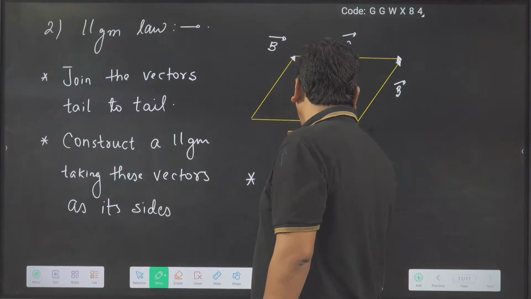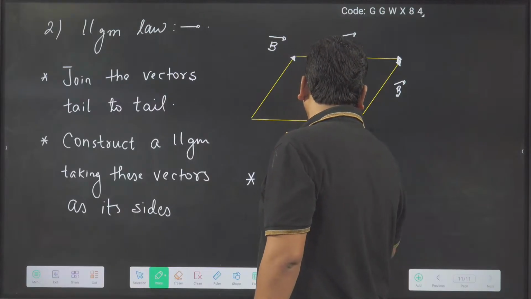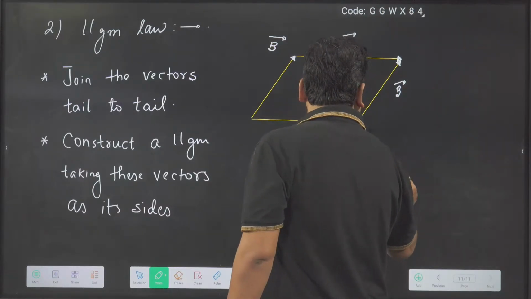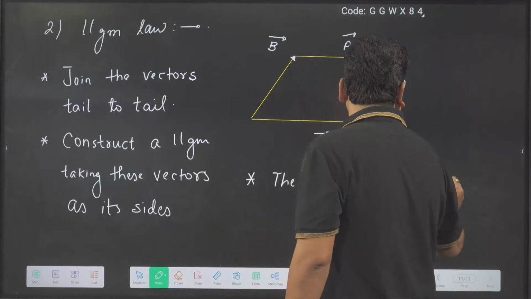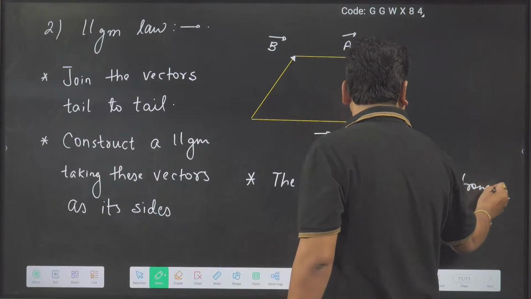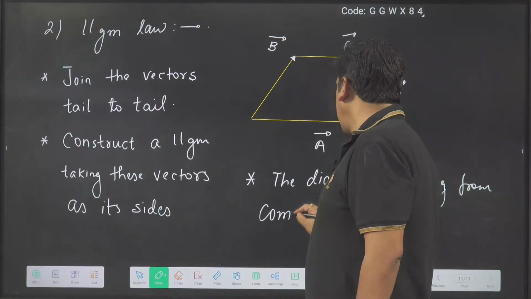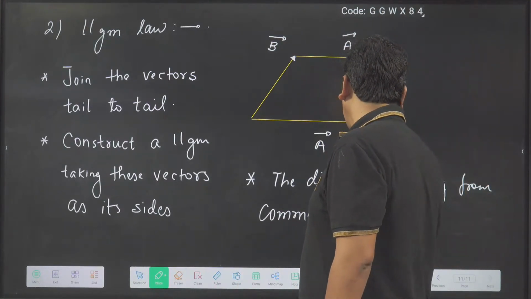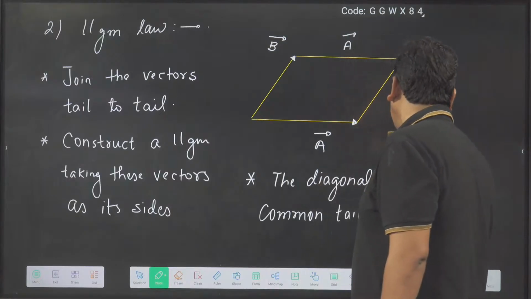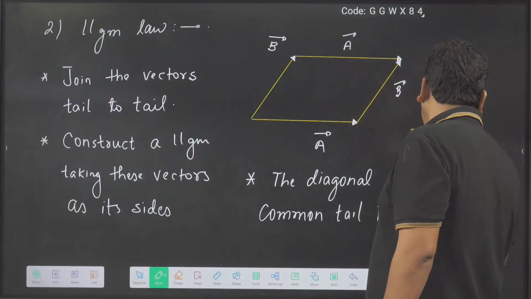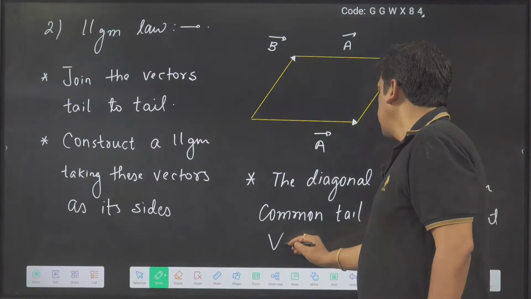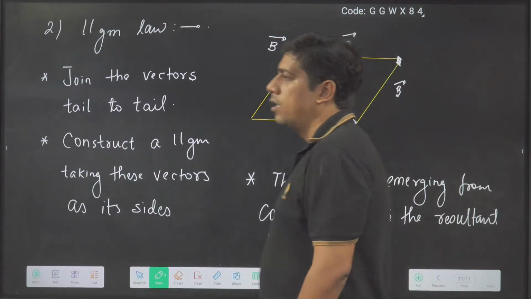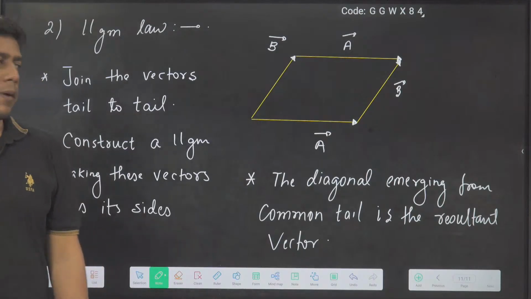The diagonal emerging from the common tail is the resultant vector.